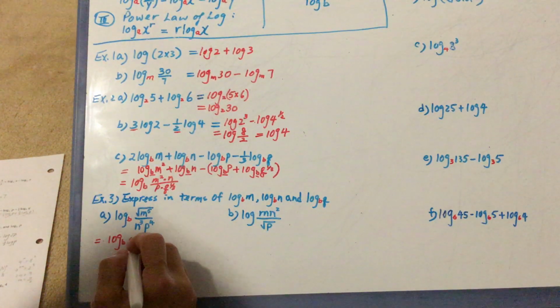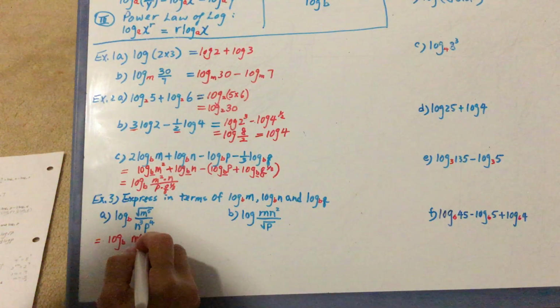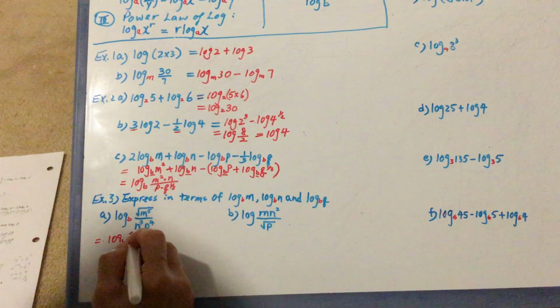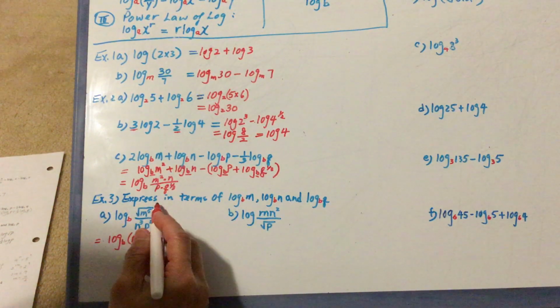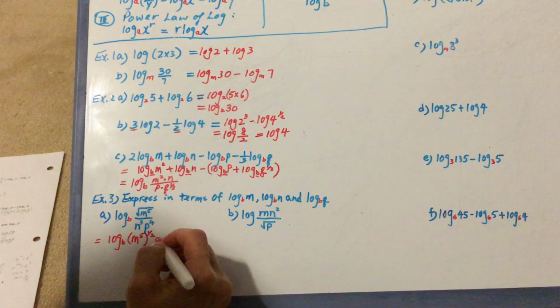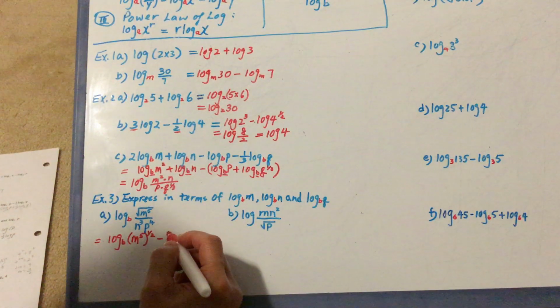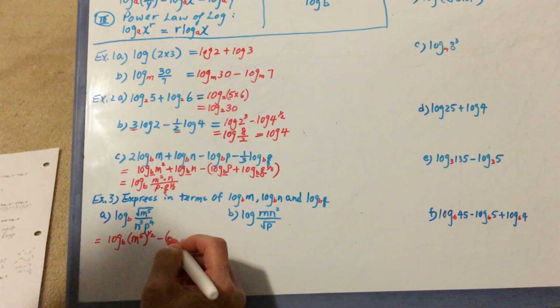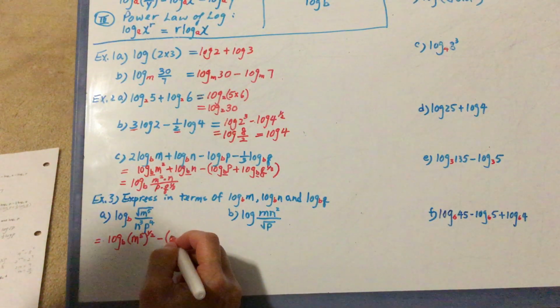That means you have m to the exponent of 5, but then you have a bracket of 1/2 because the square root means it's a half. And because this is a fraction, that means this is subtraction. A subtraction between what? Well, you can put in a bracket here for you to see it.